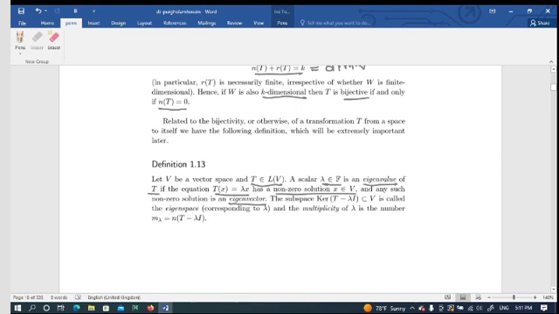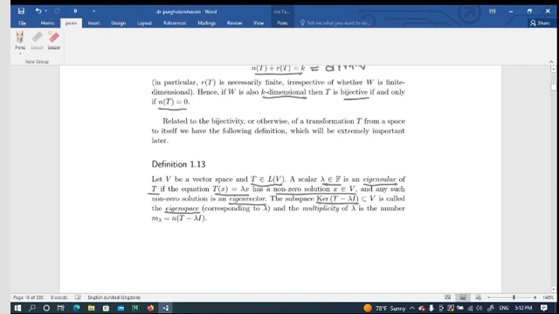The subspace kernel of T minus lambda I, where I means the identity mapping from V to V, this subspace of V is called the eigenspace. So eigenvalue, eigenvector, and eigenspace.